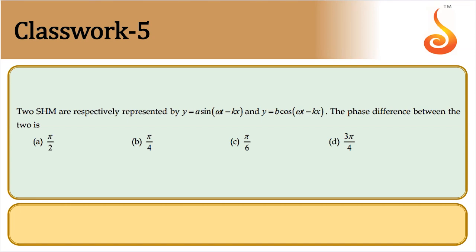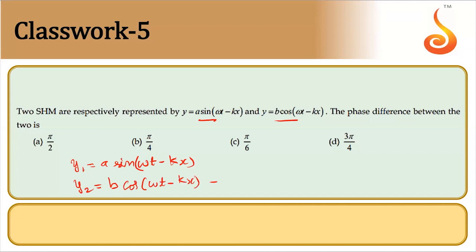See here, first one is sine function, other is cosine function, right? So first you should make it the same function. So first one, if I call it y1, is a sine of omega t minus kx. Second one, if I call it y2, is b cos of omega t minus kx.